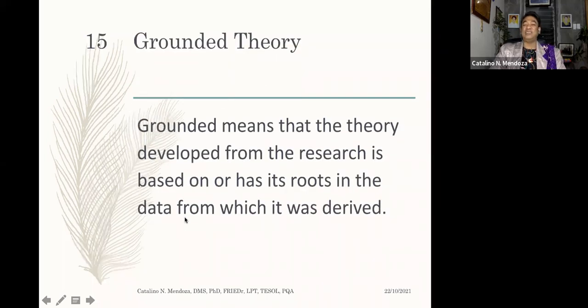So grounded means that the theory developed from the research is based on or has its roots in the data from which it was derived. It is because you are supposed to go down deeper or you have to find the grassroots. That is why grounded theory. It means that from the very particular going to a bigger picture.